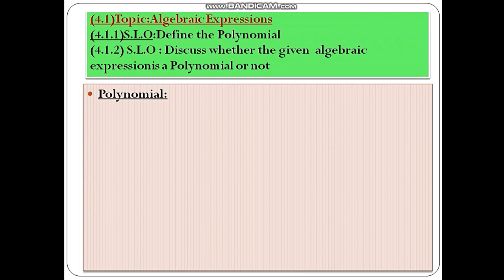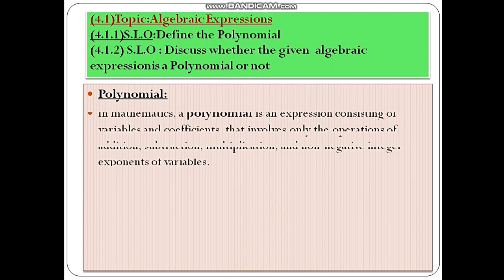First of all, dear students, what is a polynomial? In mathematics, a polynomial is an expression consisting of variables and coefficients that involves only the operations of addition, subtraction, multiplication and non-negative integer exponents of variables.